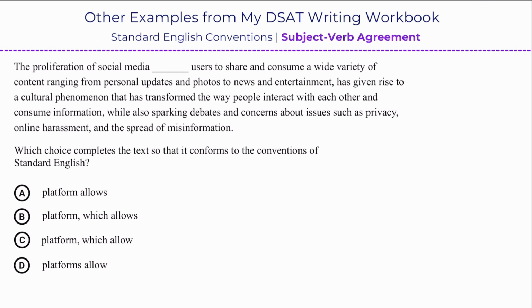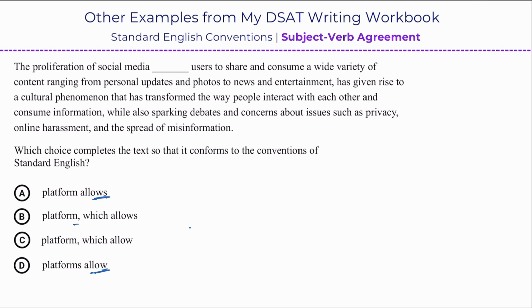If you take a look at the answer choices at a glance, you can tell you have a difference between a singular and a plural verb, right? Allows is singular, allow is plural, is a plural verb. But we also notice this here, and I don't want you to try to figure out all of the things that the SAT is testing you on, right?